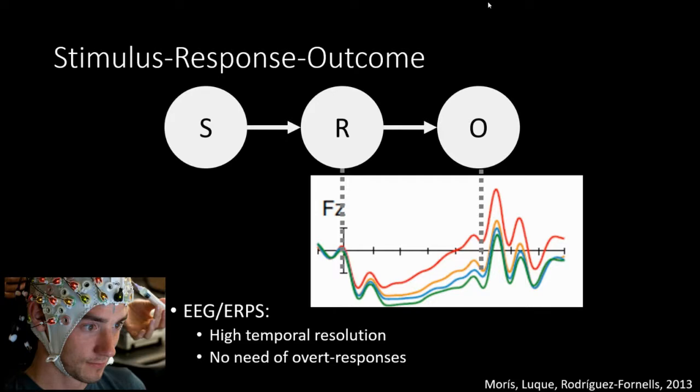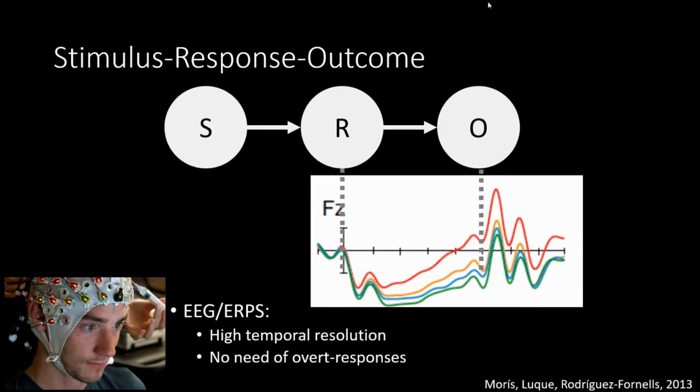So here, for instance, in this paper, what we were interested in is the period of time between the response and the outcome, and also in the processing of the outcome itself. So in order to do that, you need this high temporal resolution to distinguish the activations that are coming from the response, from the time between these two events, and exclusively from the outcome.